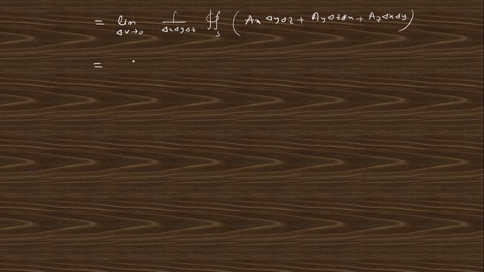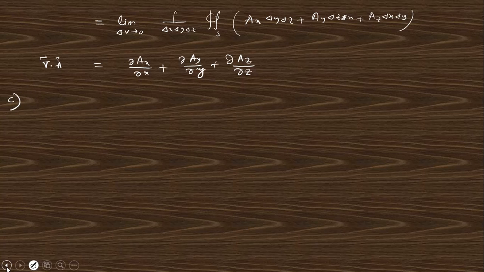So you can see this will be nothing but del ax by del x, del ay by del y, and del az by del z. So this is nothing but the divergence of A in the Cartesian coordinate system.